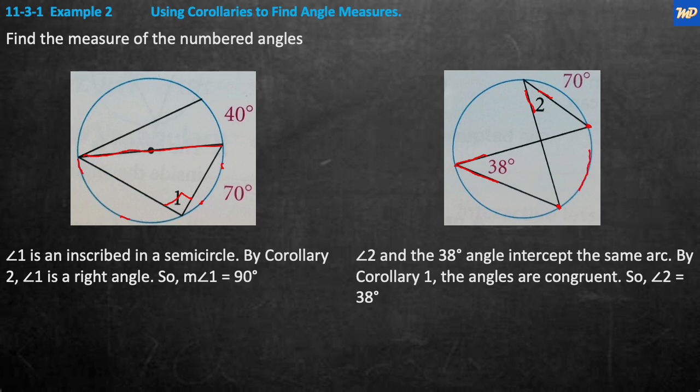And this angle over here comes out, it's here and its chord is here, intercepting the same arc. If this is 38 degrees, then angle 2 is equal to 38 degrees. Because the corollary says if two angles intercept the same arc, then those angles are congruent.